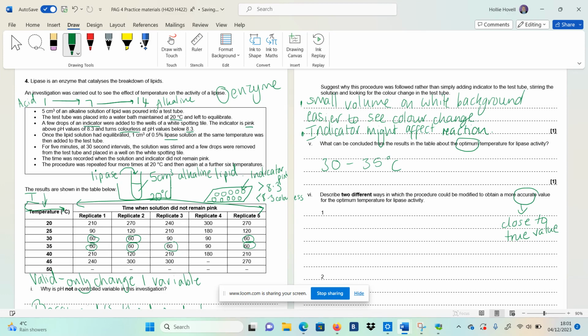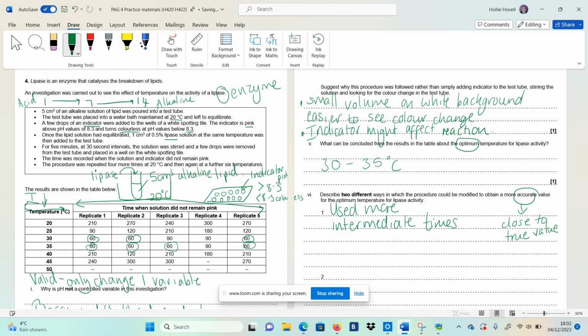So we don't actually know if it was 70 or 80, do we, or 40 or 50, because we didn't measure those. We only measured it every 30 seconds. So you could have said that they should have used more intermediate times. What you can do also is, once you know around about where it was, rather than doing them every 10 seconds the whole time, you could always have done it once to find out, oh well, approximately it's going to be 30 to 35.